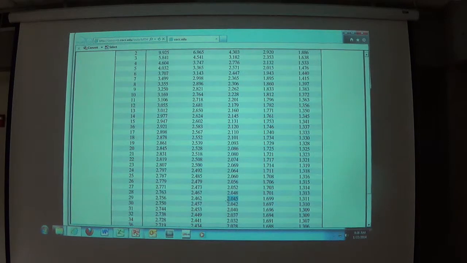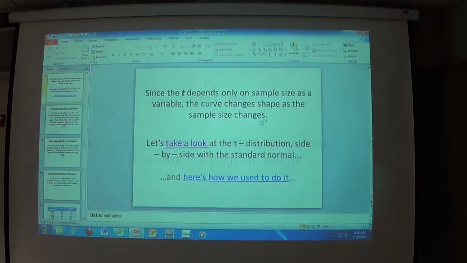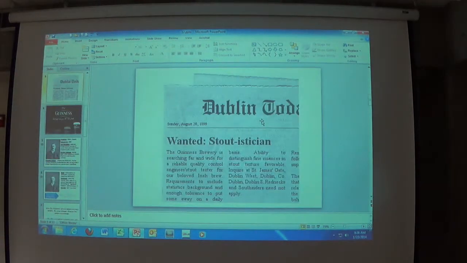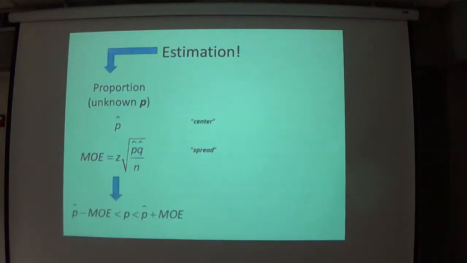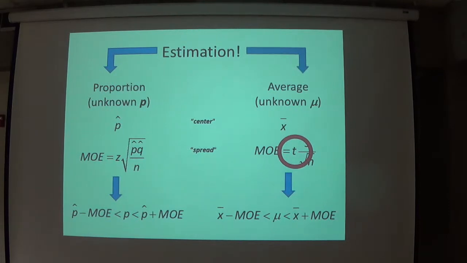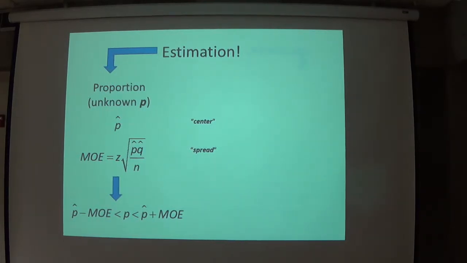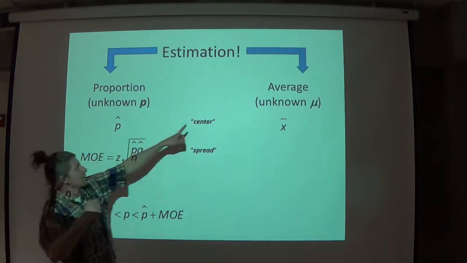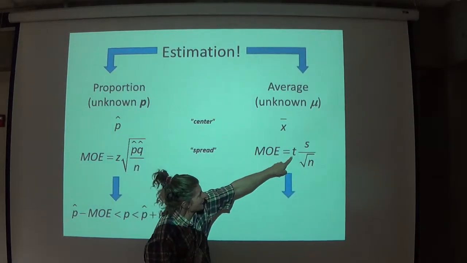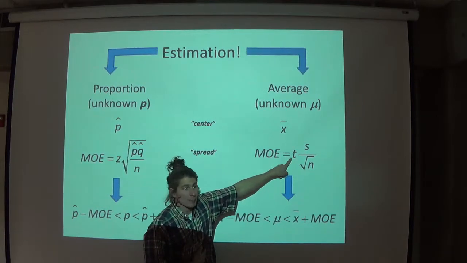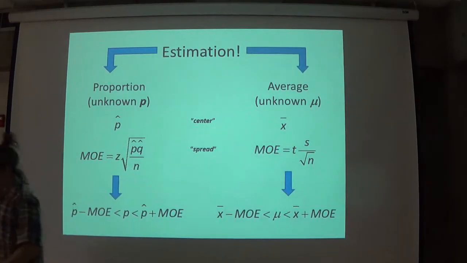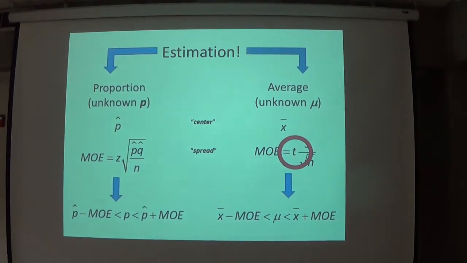So, what we would have to do, friends, let's shut this down for a second, actually, go back to this slide. This is the kicker. Whoops, I guess I didn't animate this correctly. Oh, here it comes. So, if we're estimating an average, your center is x bar, that's the key right there. The multiplier becomes t. That's your margin of error calculation that we need.